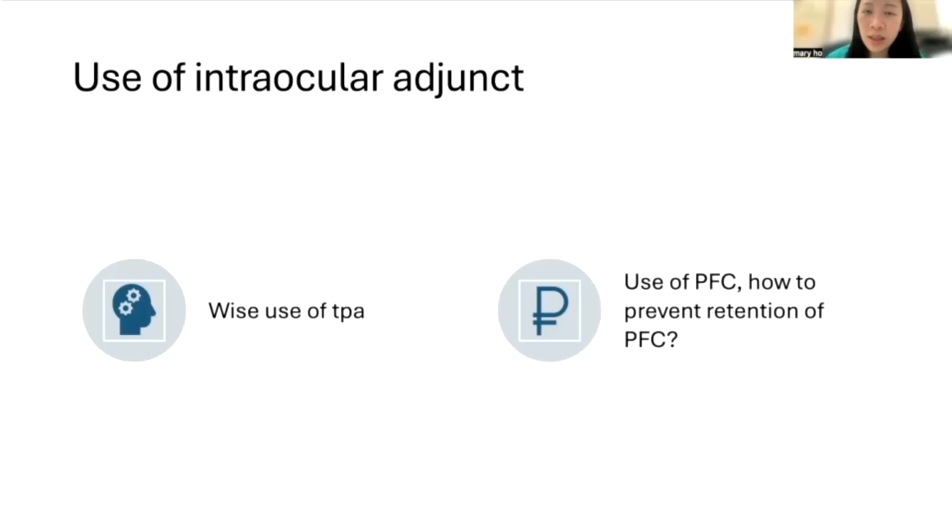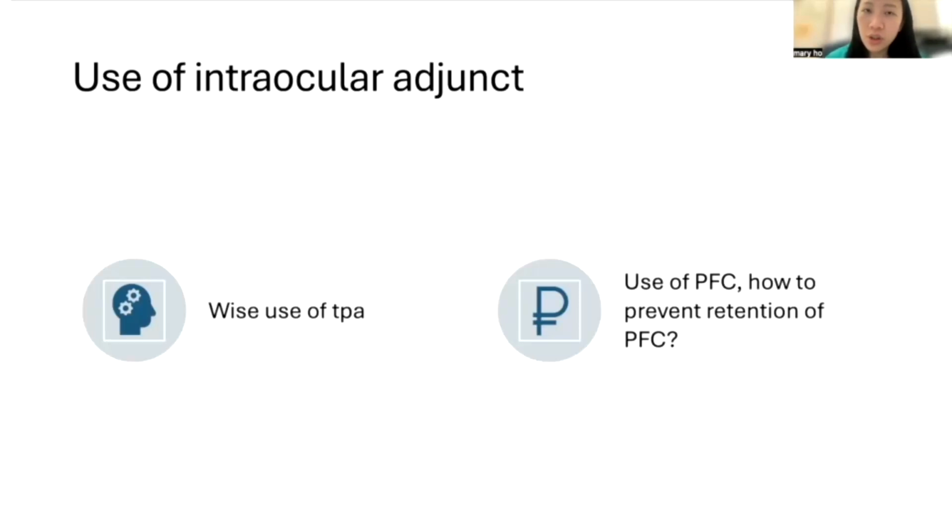Also, usually for a vitrectomy, we aim for complete vitrectomy, but in situations where the corneal clarity is impaired, it would be very difficult to assess for any cortical vitreous left in the macular region.